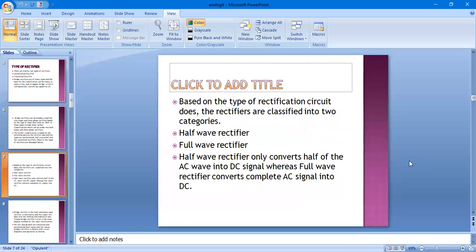Let us look. Based on the type of rectification circuit, rectifiers are classified into two categories: half-wave rectifier and full-wave rectifier. A half-wave rectifier only converts half of the AC wave into a DC signal, whereas a full-wave rectifier converts the complete AC signal into DC.